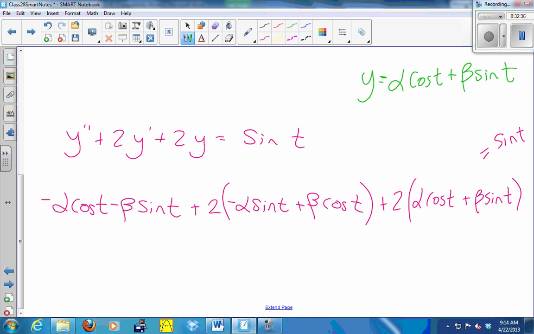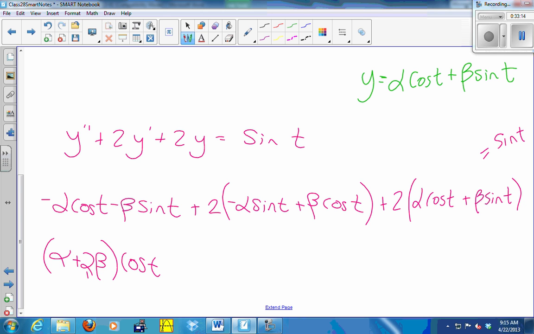So distribute and combine like terms. For cosine t, I have negative alpha plus 2 beta plus 2 alpha, so alpha plus 2 beta. Just combining like terms: negative alpha cosine t, then plus 2 beta cosine t, plus 2 alpha cosine t.